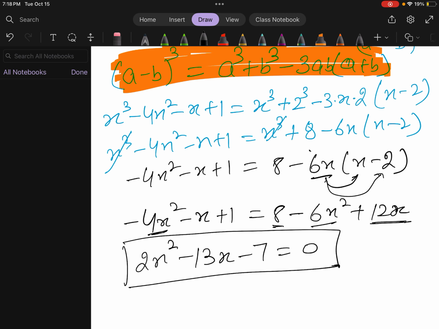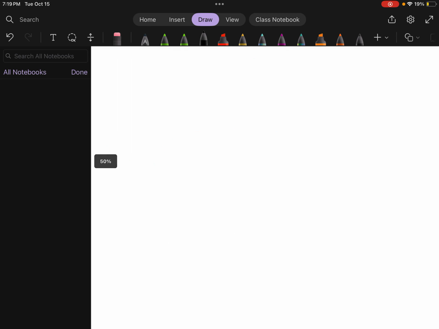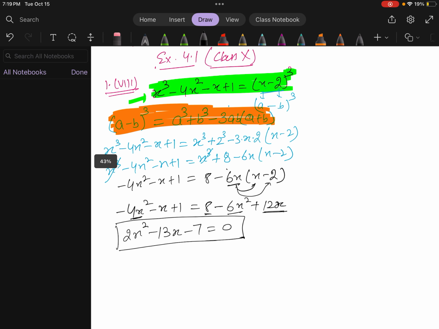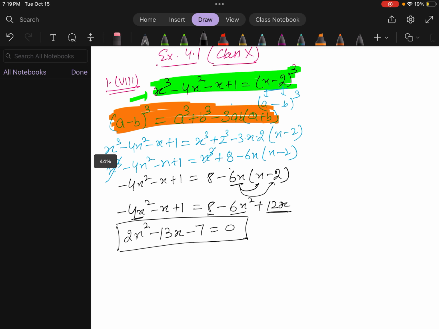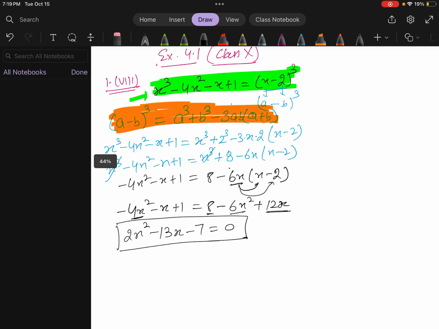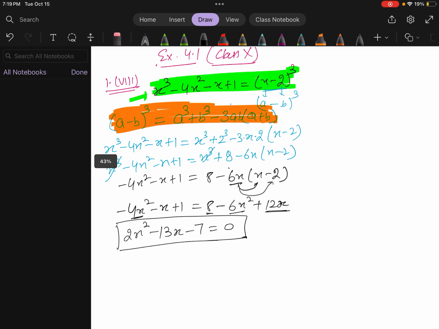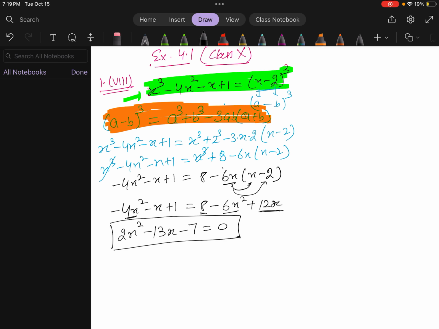So after solving this question, what we conclude is that the equation that we have written is converted into this form.